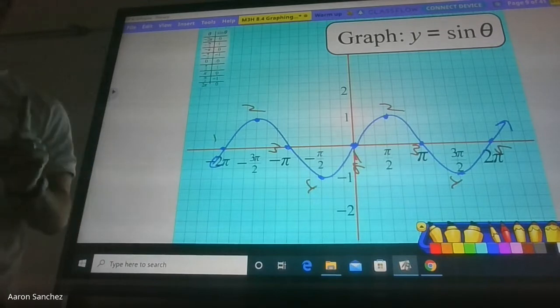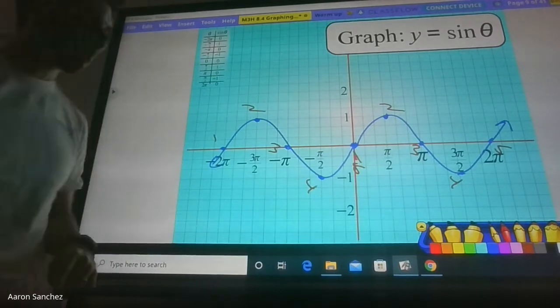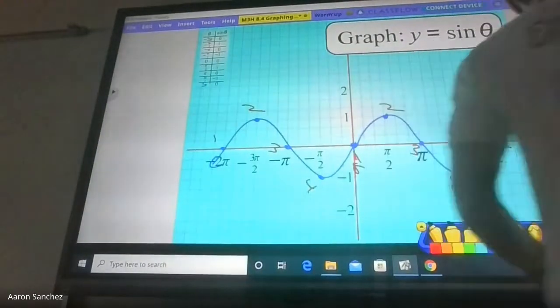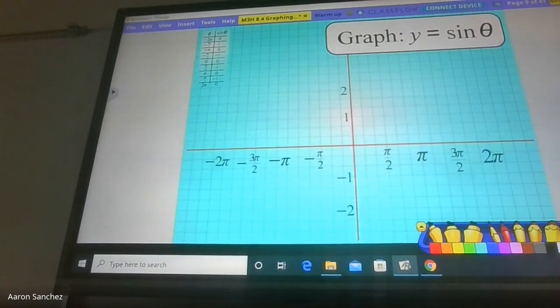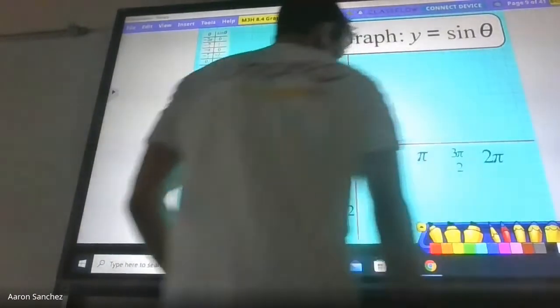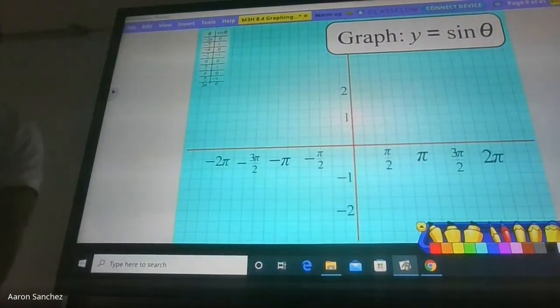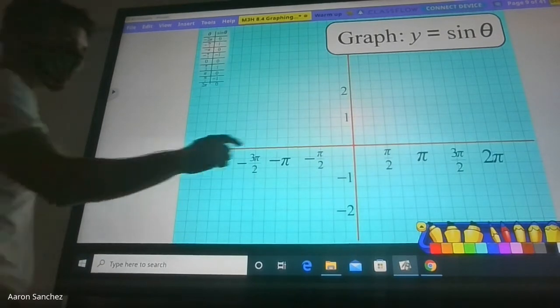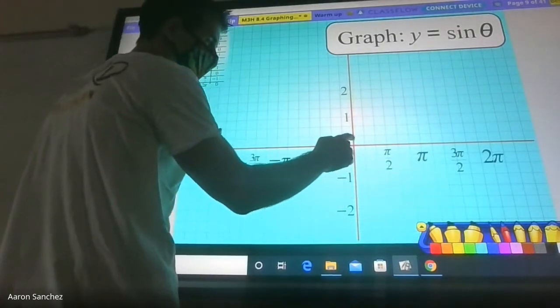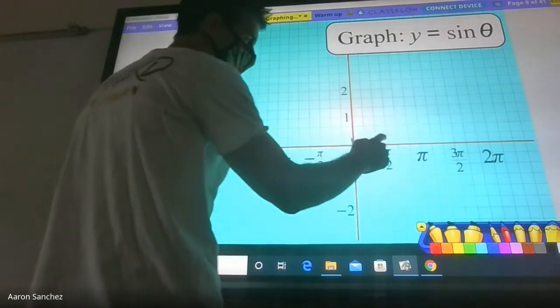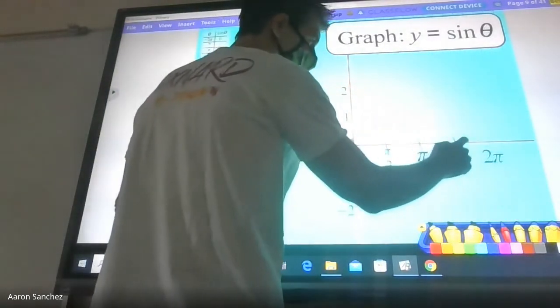Sine and cosine have different patterns. This is the sine 5 key points. If you notice, 3 of them are zeros. The first, last, and middle. 1, 2, 3, 4, 5.